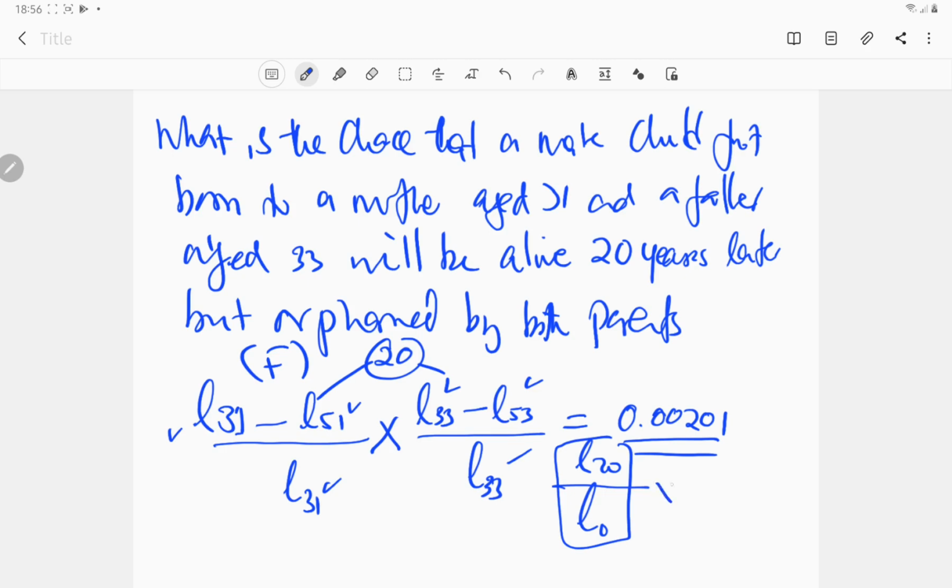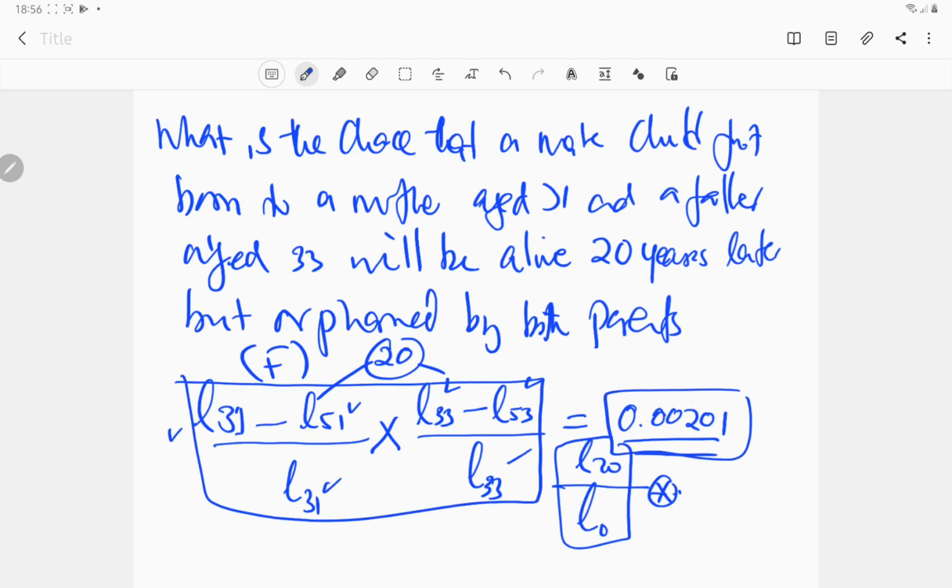We can get the probability of that particular child, and then multiply it by the probability that we got here, which is 0.00201, by the probability of the child l20 over l0. This one is what is called the orphanhood probability.